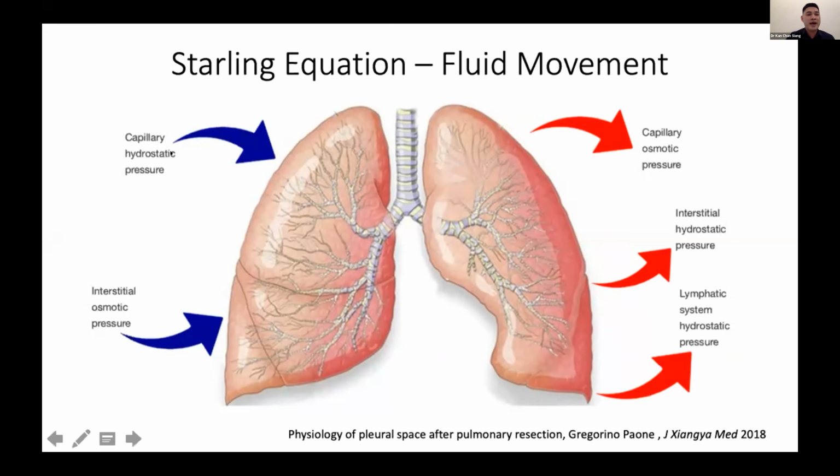Now, the capillary hydrostatic pressure and the interstitial osmotic pressure are the pressures that drive the fluid from the capillaries into the pleural space. On the other hand, the capillary osmotic pressure and the interstitial hydrostatic pressure are the pressures that push the fluid out of the pleural space into the capillaries. Now, there is an additional factor that happens only in the pleural space, which is the lymphatic system. It plays a fundamental role in the clearance of the pleural space as well.